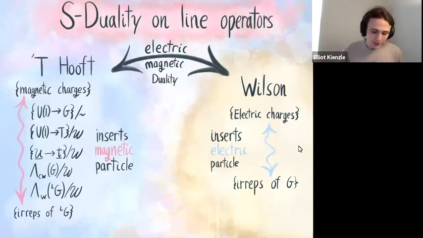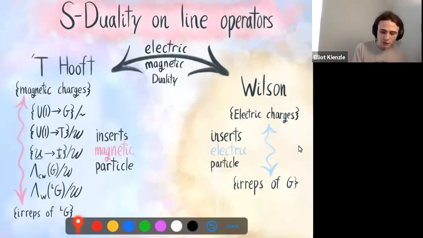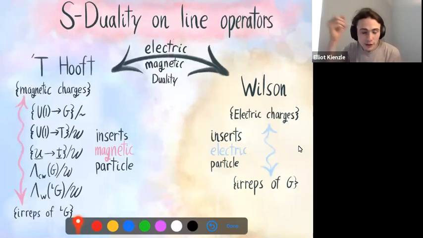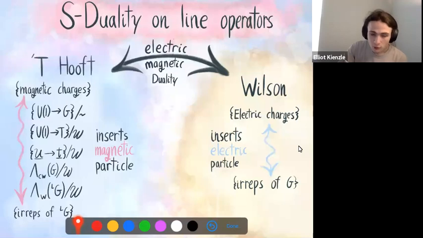Now, let me say a little bit more about what the magnetic charges of the 't Hooft operator look like. I just said that they were homomorphisms from U1 to G mod conjugation. Let's do the usual trick of changing it from mod conjugation on G to mod the Weyl group on the torus, getting rid of as many degrees of freedom as we can.